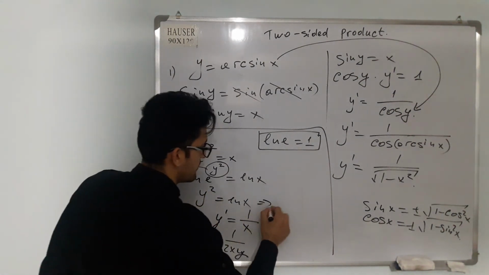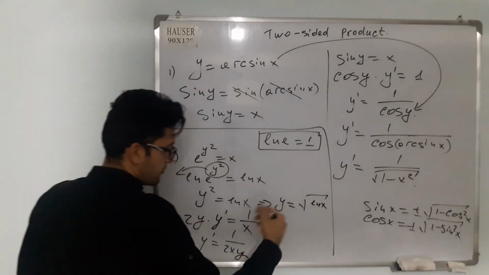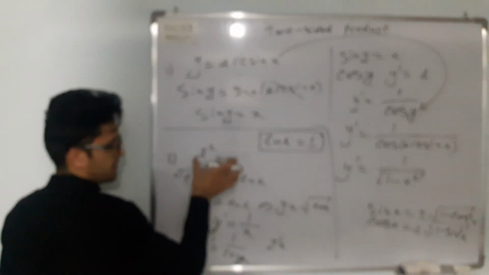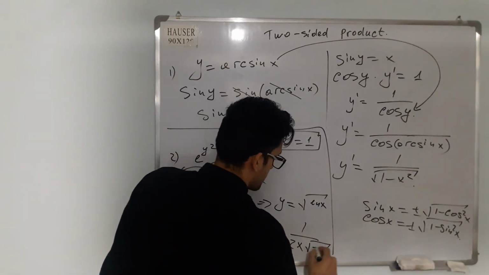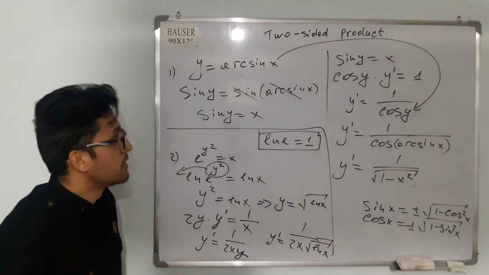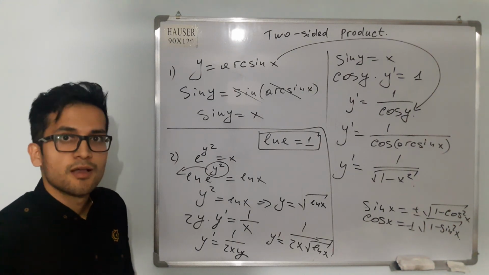The value of y here will be in the roots ln x. After that, when you put the value of y here, the derivative of this expression will be 1 divided by 2x in the roots ln x. So this is enough. Thanks for watching. Take care.